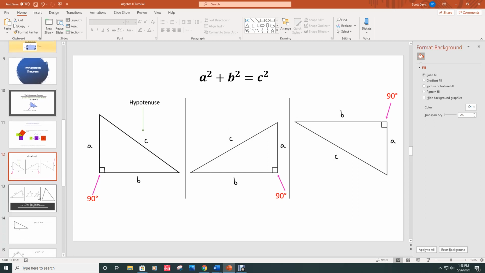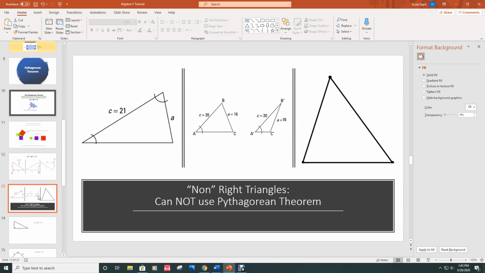Just for some examples here, I'm not an actual math teacher, but these are some non-right triangles that you cannot use the Pythagorean theorem on. What it means is that there is no angle in any of these triangles that equals 90 degrees. You've got an acute triangle here where it's a small degree here.